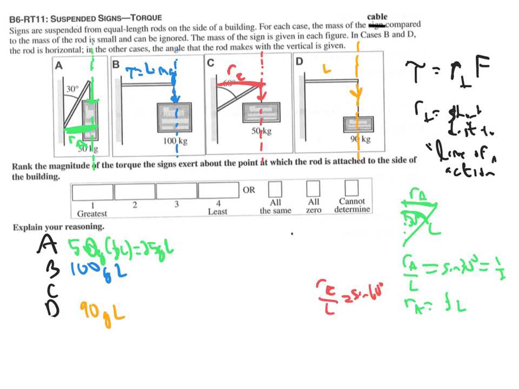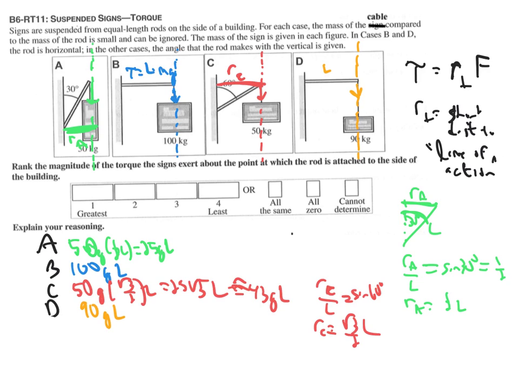The sine of 60 is about 0.86. So RC is actually √3/2, the sine of 60, times L. And so we end up having 50 g times √3/2 L, and that's 25√3 L. And √3, like I said, is about 1.7. So 25 times 1.7 is just about 43. So we get about 43 gL.